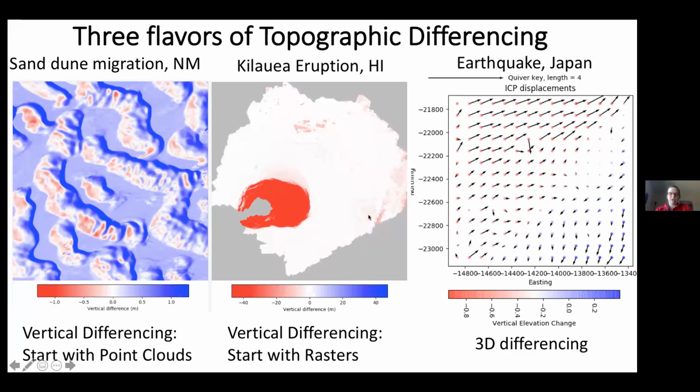And this shows the results of the Kilauea eruption in Hawaii. And 3D differencing, shown here for the Kumamoto earthquake, represents 3D change with these arrows and colors. So today we'll discuss all three of these types of differencing, starting with these two types of vertical differencing.